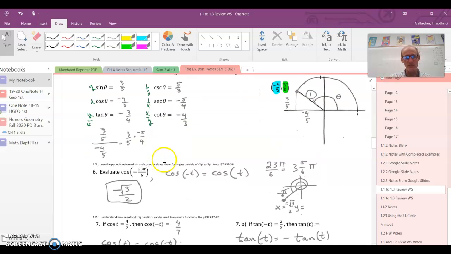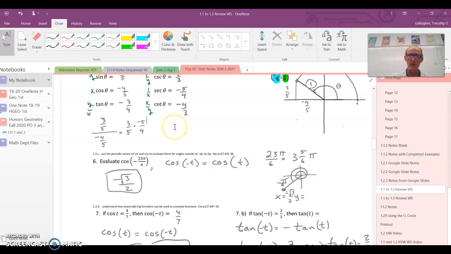Okay, and number 6 is from the even-odd functions. The cosine is an even function, so this is a formula. So, for example, the cosine of -t is the same as the cosine of t.